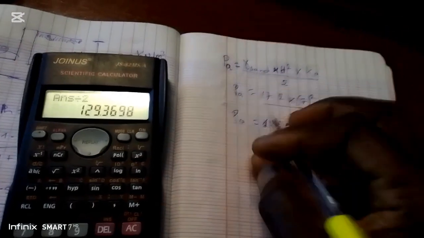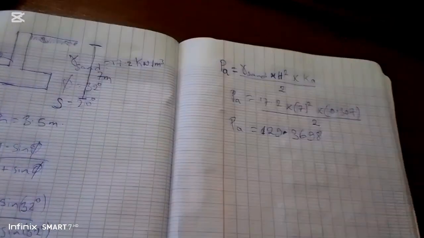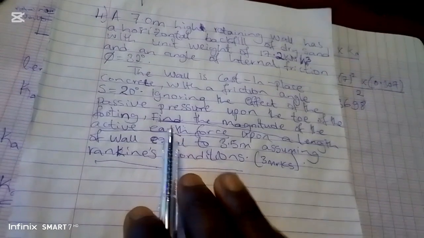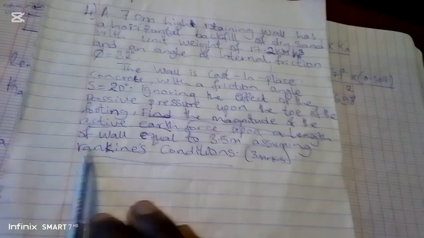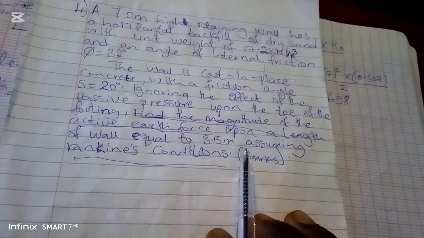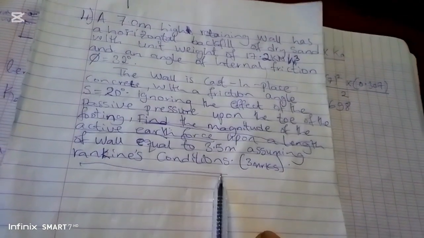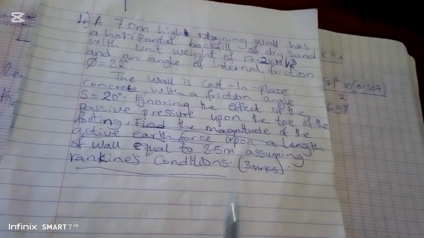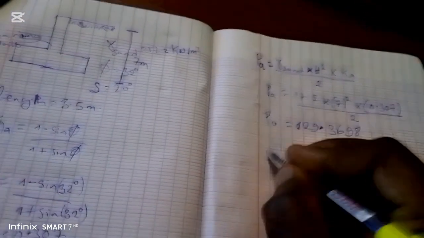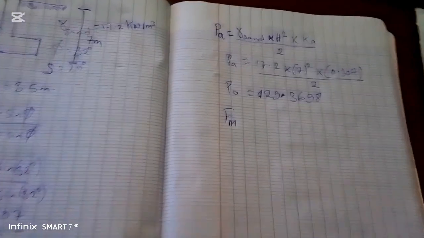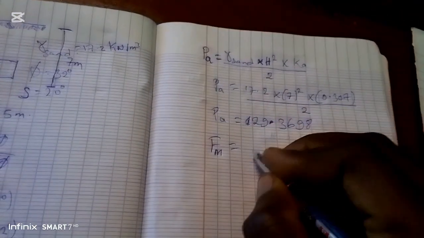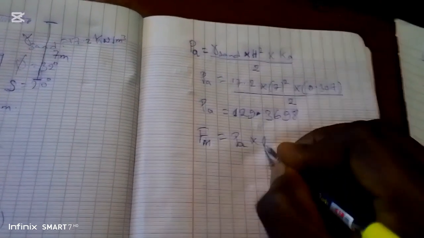So now to calculate the magnitude of the force, let's go back to the question. What they want us to calculate is the magnitude of the active earth force upon a length of wall equal to 3.5 meters, assuming Rankine's condition. The magnitude of the active earth force is equal to the active earth pressure times the length.